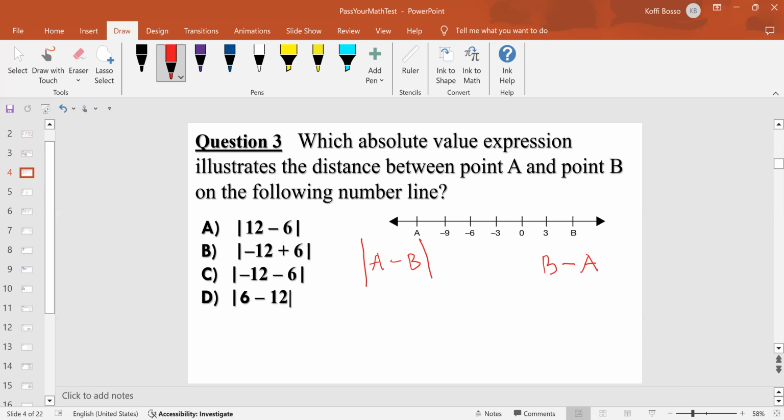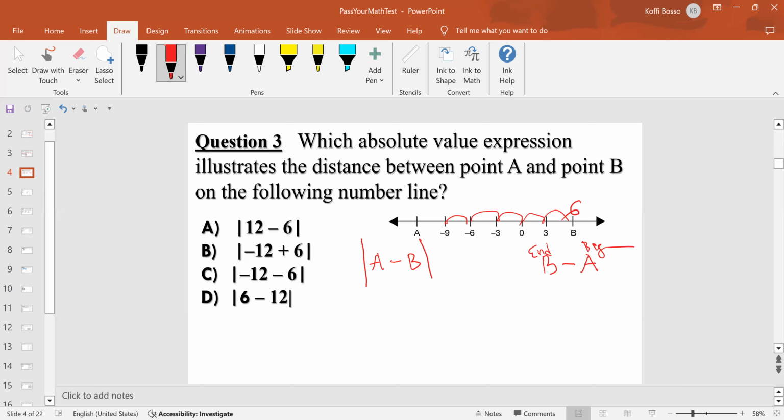If you want to use it without the absolute value symbol, you do the end minus the beginning. Now, we don't know the value of A, but we can figure it out. There is a pattern: from left to right, they are adding 3 each time. So after 3, we're going to have 6 for B. But if we go backward, we are subtracting 3.